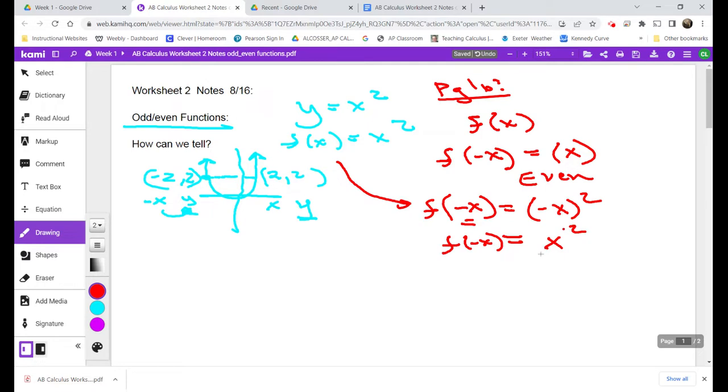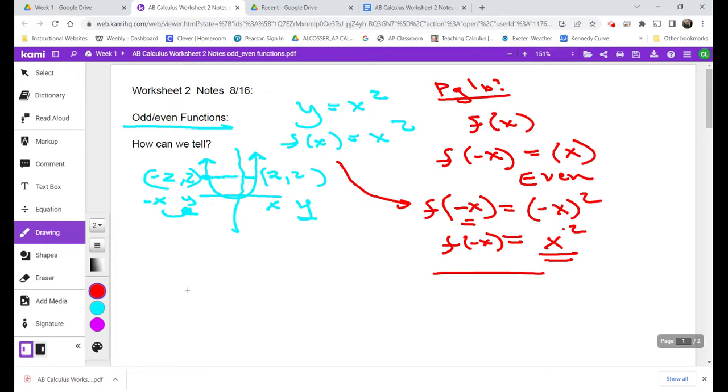You guys see how that works? So now I've got a positive version of this. That's the idea behind it. Basically, it means that if I plug in a negative number, I get the same function, a positive function, back out.